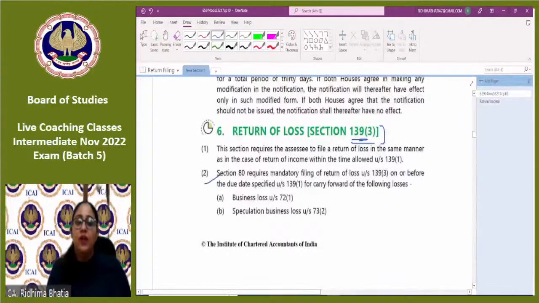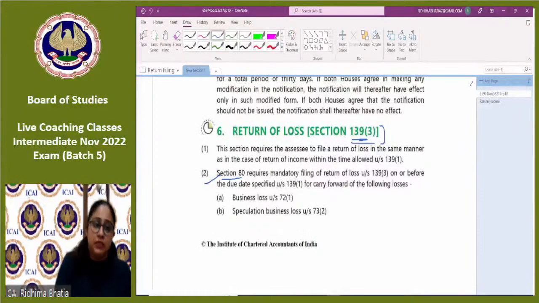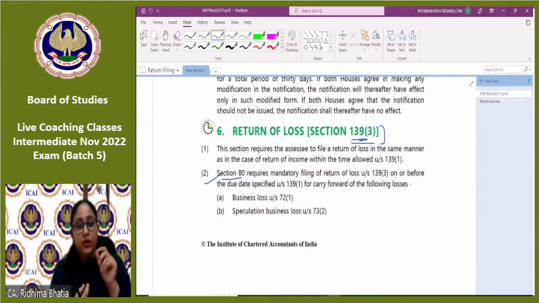And if you remember, while we were doing set off and carry forward, in section 80 we saw that if you want to carry forward your losses, what is carry forward? After intra-head and inter-head set off, if you still have certain losses which are not adjusted, then you carry them forward to the next year, and after carry forward they get adjusted with the same head of income, right?